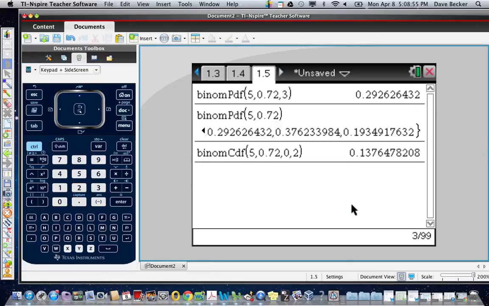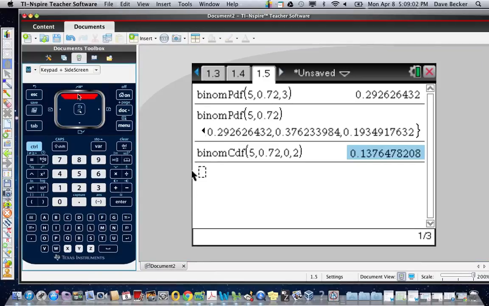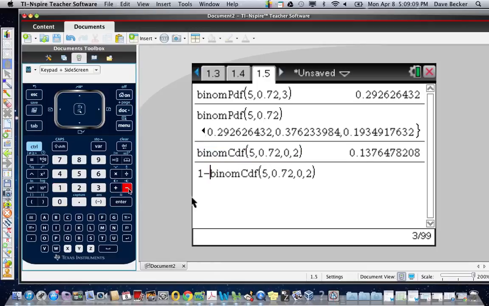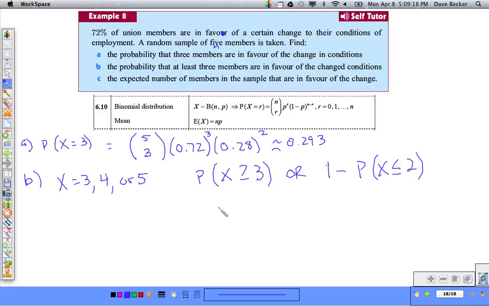And we hit OK. And what I should have done is 1 minus that. So I'm going to go up and copy that. I forgot to do that. Put a click here. Do 1 minus that. That's what I had written there before. And I get 0.862. So the probability of that occurring would be 0.862. I should say approximately for both of these, like I did there.